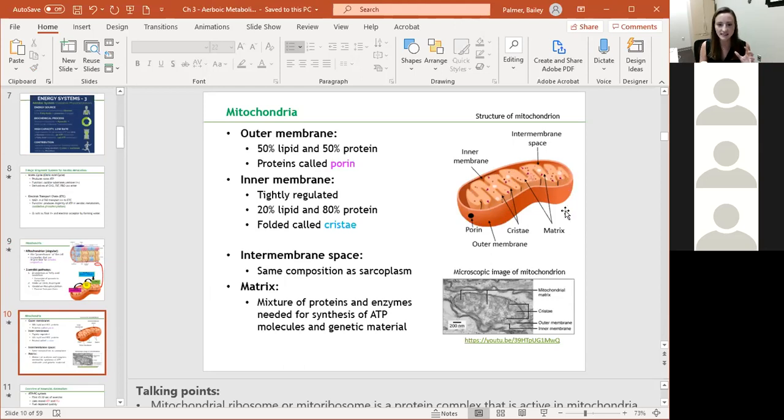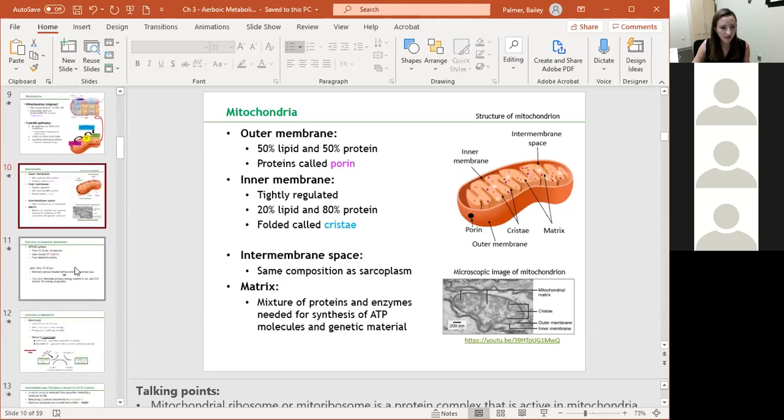It's a tightly regulated system that only allows for the passage of ATP and oxygen through the cristae. And then the matrix, we know, is the space that is inside the cristae. This is where the ribosomes are, and the genetic material and the DNA. So that's really all you have to know, just those three parts of the mitochondrion.